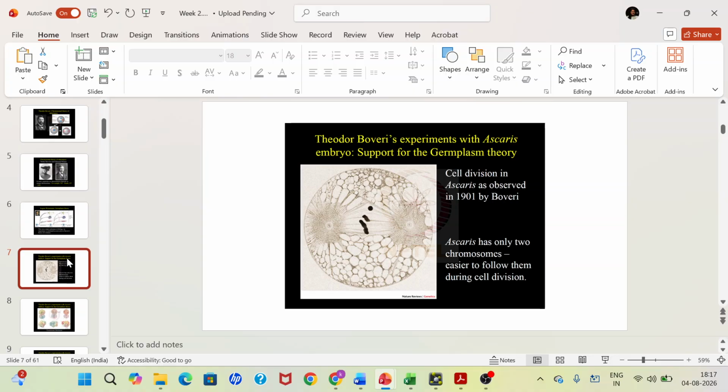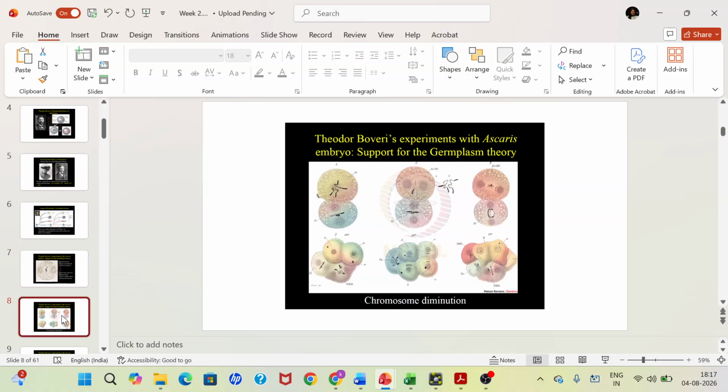Then Theodore Boveri's experiment with the Ascaris embryo supported the germplasm theory, in which the cell division in Ascaris was observed by him. Ascaris has only two chromosomes, so it was easier to follow during cell division, and he followed the division in the Ascaris embryo.